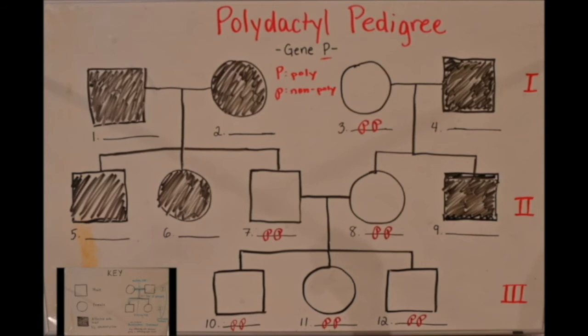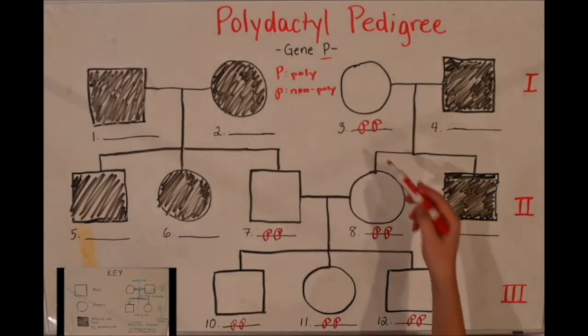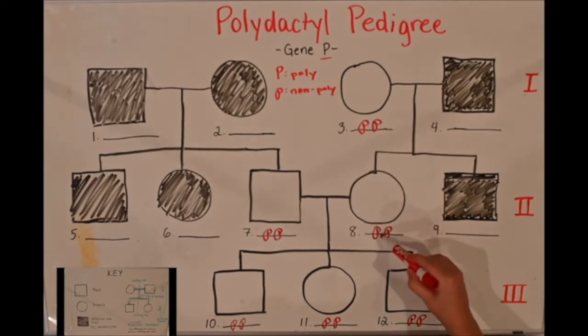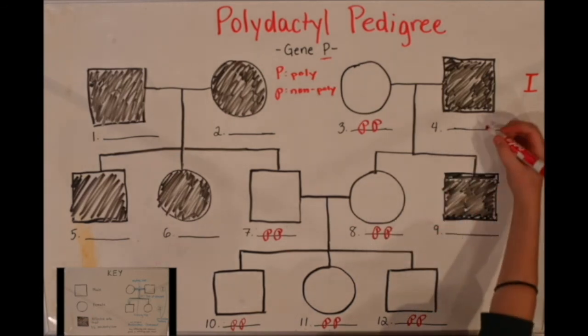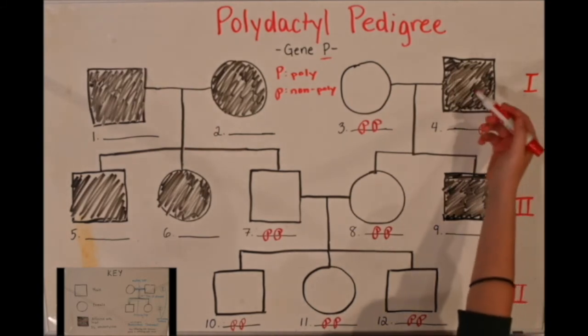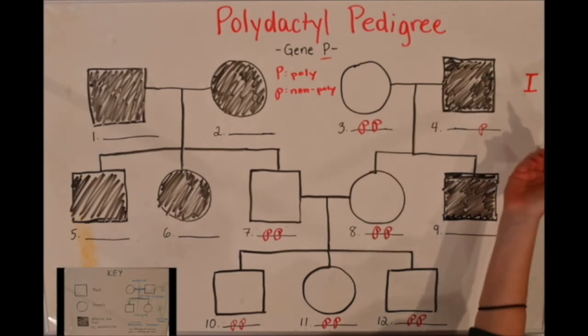I'm going to start by focusing on the right side of this pedigree because it looks like we have a little bit more genetic information. So looking at cat number 8, we see that it is homozygous recessive. One of its parents, cat number 3, is also homozygous recessive. However, since each cat can only pass on one allele for each trait, we know that its other parent, cat number 4, must also have this recessive allele.